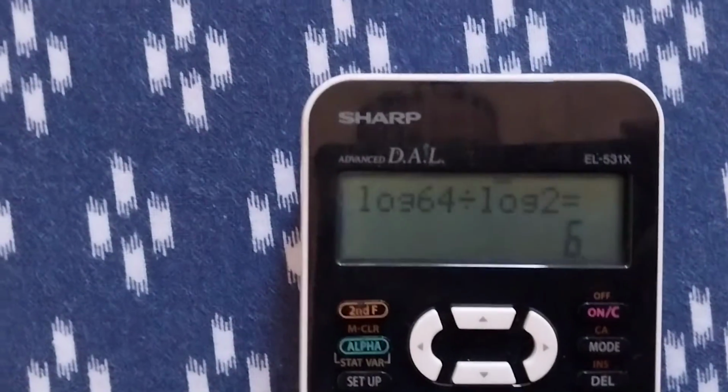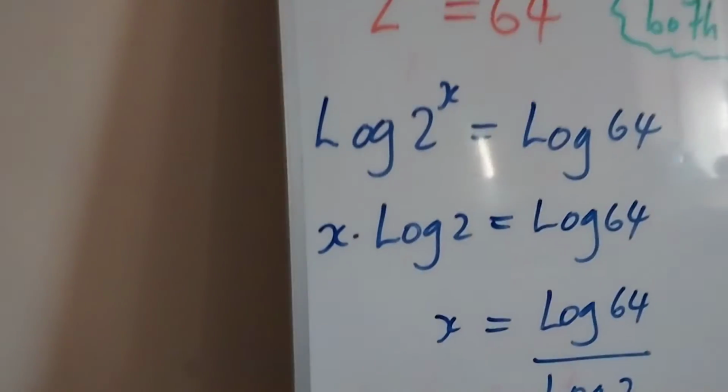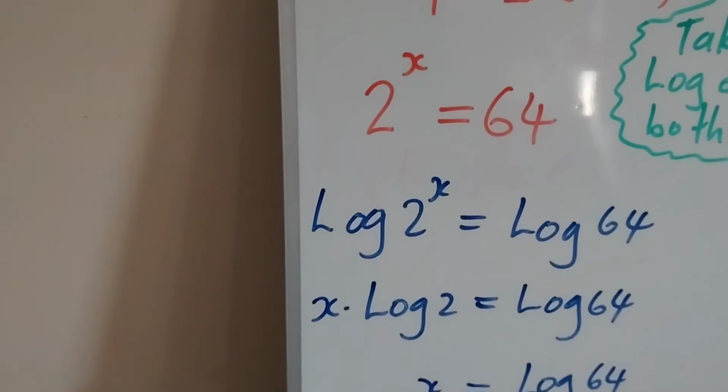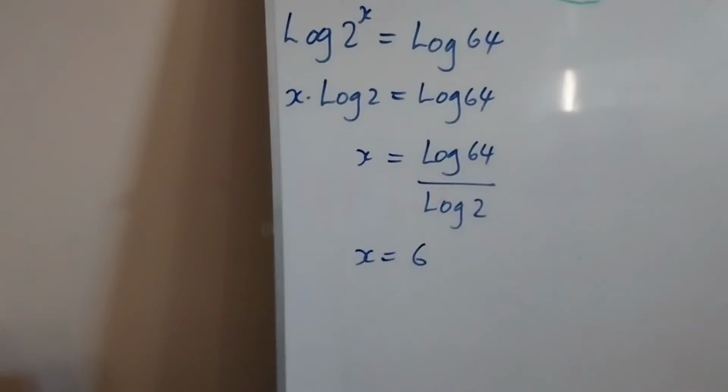All I need to do now is to press the equal, and the answer is 6. So x is equal to 6, which means 2 raised to the power of 6 will give us 64.